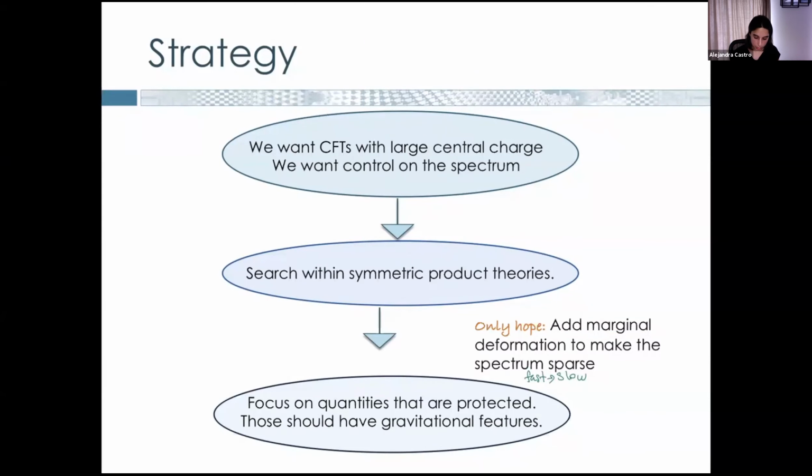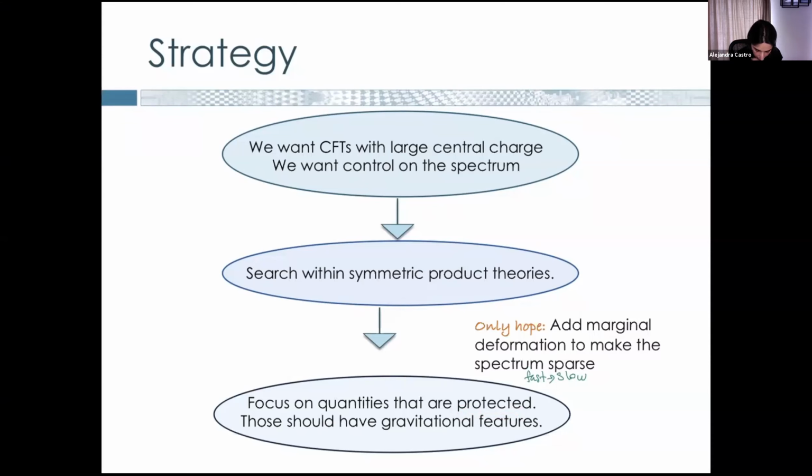But what I don't want to do today is to actually study the effect of this marginal operator. I want this marginal operator to exist, but this is where we will start cheating a bit, or using our best knowledge. Let's focus on quantities that are protected under this flow, under this deformation.